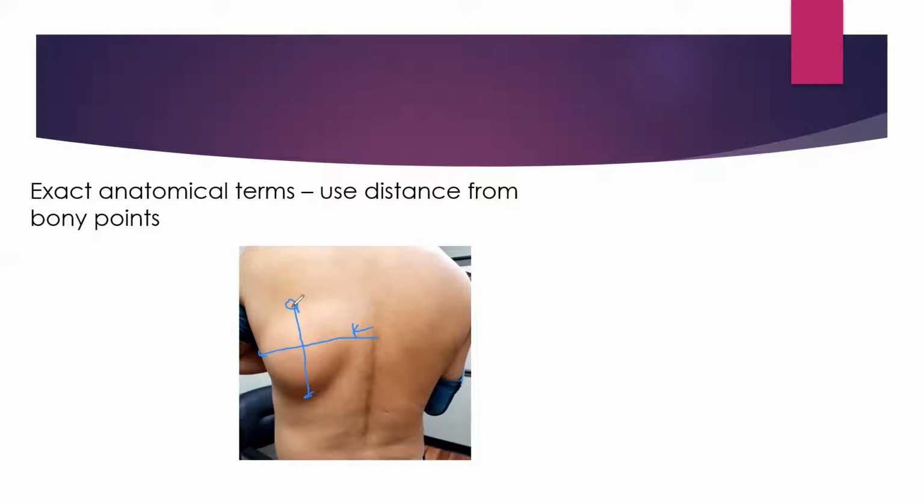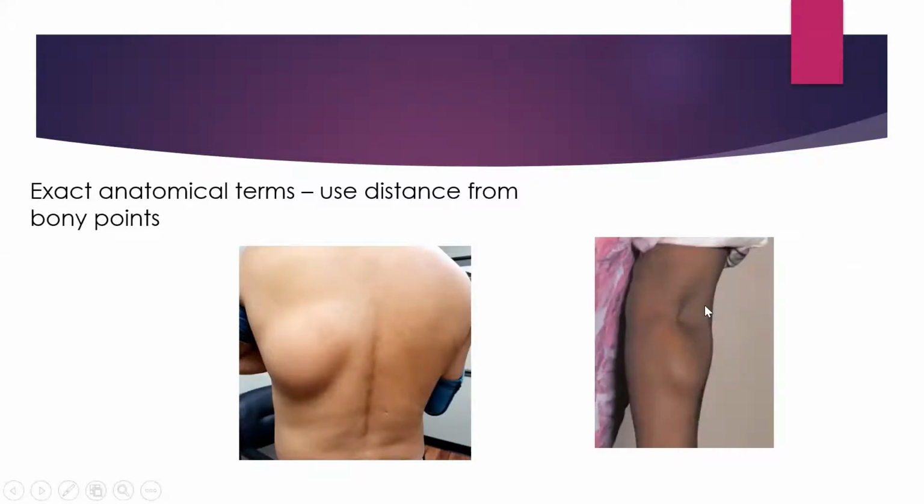If we describe in such a way, mentioning the exact bony points as well as the distance, then we can assume at which place the swelling actually is. So we have to describe the landmarks and actual distance while describing.